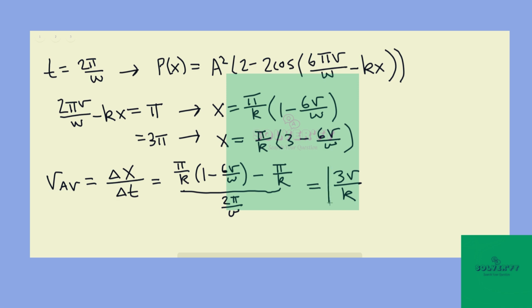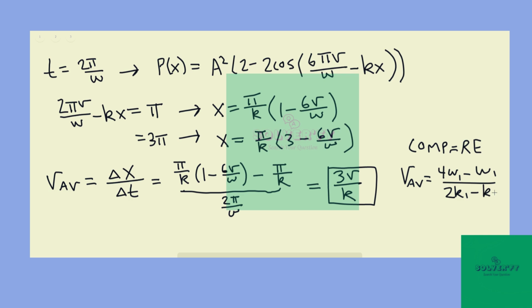All right. So we were asked to compare this to this result from an example, in which v average was 4 omega 1 minus omega 1 over 2k1 minus k1. So in that example, we have to be really careful.